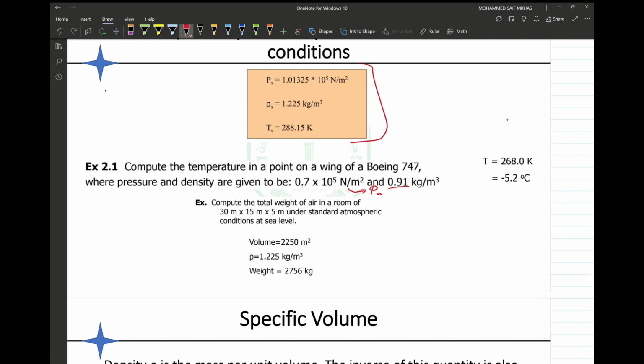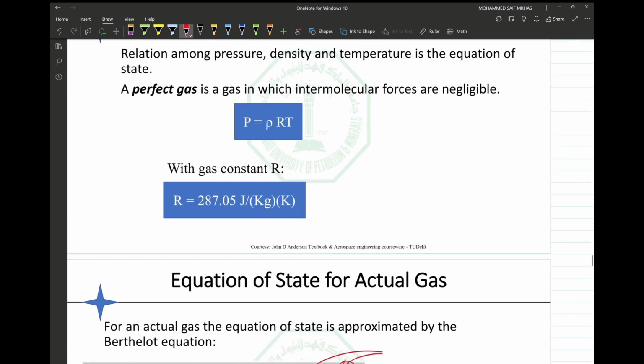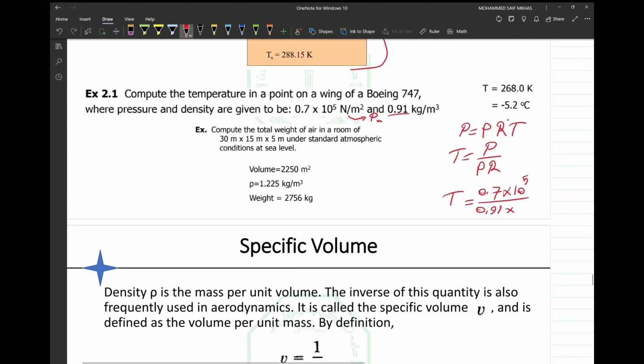So we have the perfect gas law, P equals rho R T. The temperature is wanted, so we have T equals pressure over rho R. Then T equals 0.7 multiplied by 10 to the power of 5 over 0.91 multiplied by, as we have mentioned before, the gas constant, 287.05, and this should give you this result.